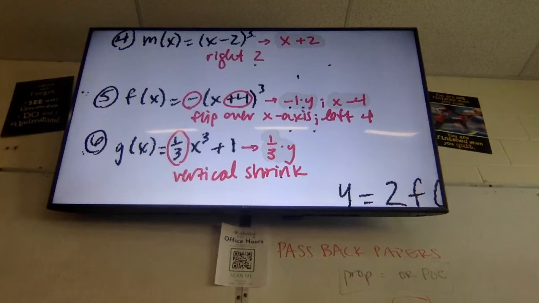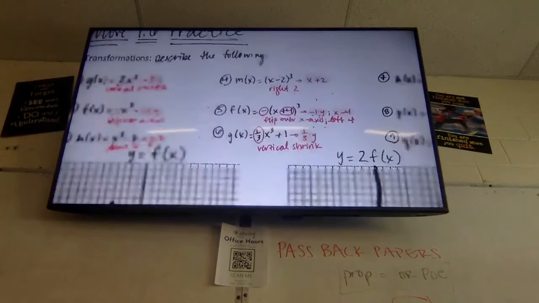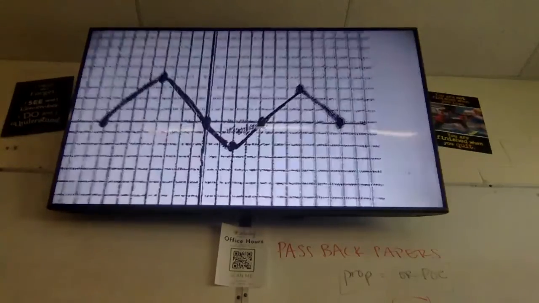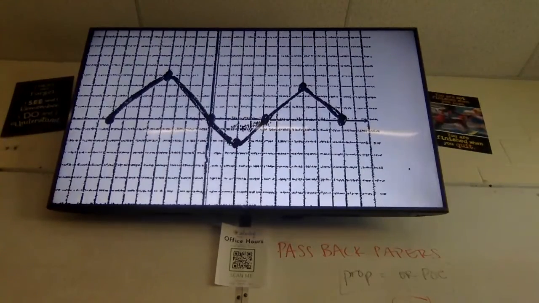Yes, Max. Can you draw what this would look like? I'm going to draw what other ones look like. Like a vertical shrink, it literally just shrinks up. If I did it by a factor of 1/2, all my zeros would still be at the same spot, but all my y values would be divided by 2, so they'd be a little bit tighter.